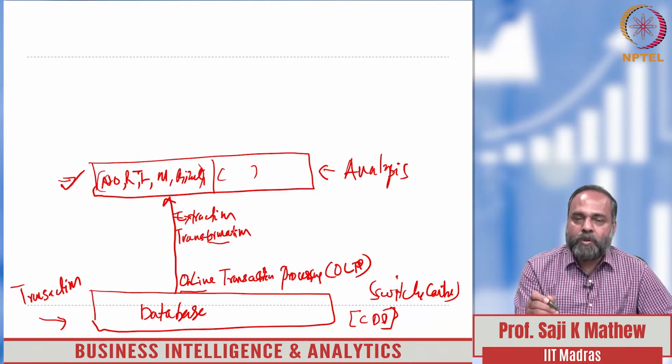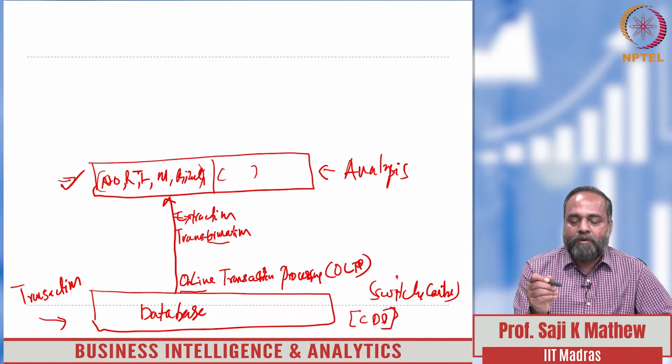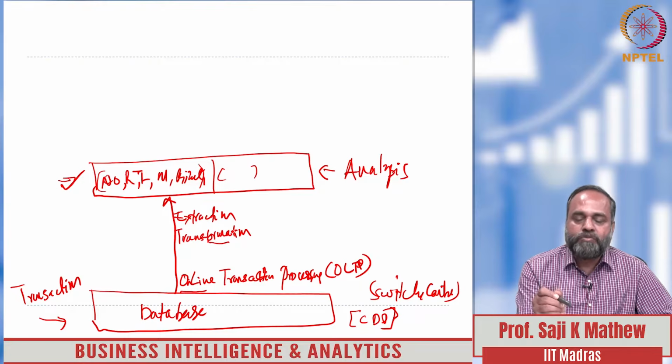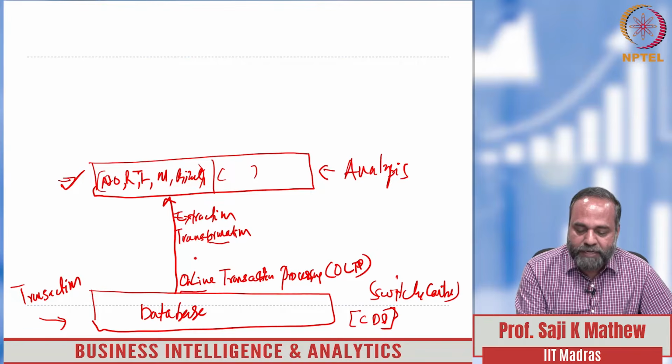In other words, data transformation is the process of preparing data useful for analysis. The data needs to be stored in a way that it is directly useful for analysis purposes.